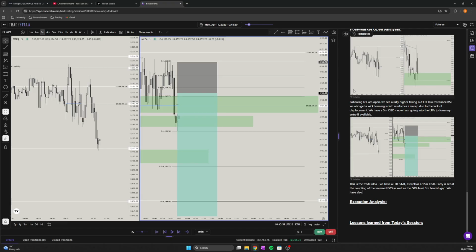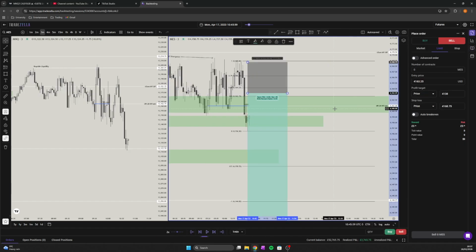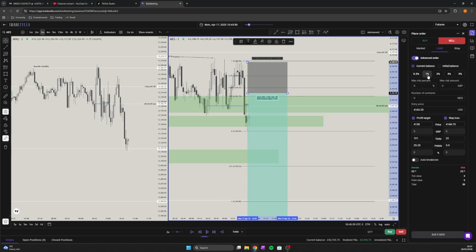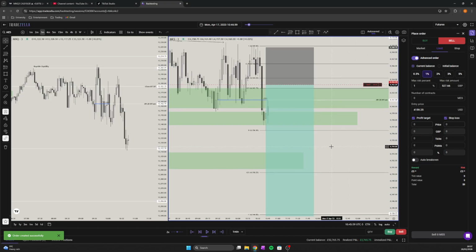We have also had a bearish market structure shift. Obviously, when we have a change in state delivery, we're going to have a bearish market structure shift regardless. Stop loss is at the most recent swing high. Target is the external lows. Okay, so let's see if this actually plays out.